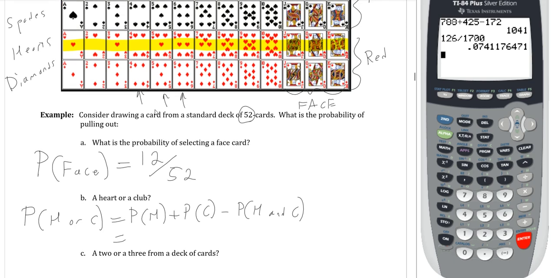Therefore, this probability would be set up as 13 out of 52 cards for hearts, plus 13 out of 52 cards of clubs, minus 0 cards out of 52 that are both of those. These would be considered disjoint, and if I add these together, I get 26 out of 52, or half.